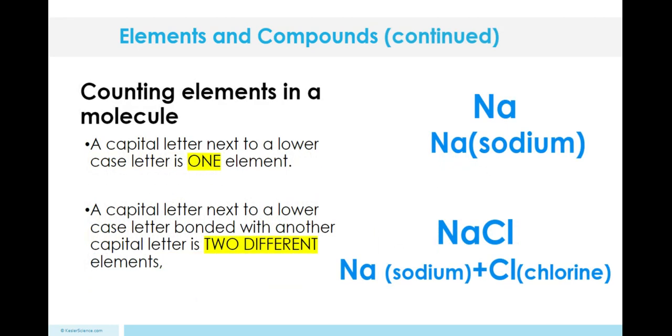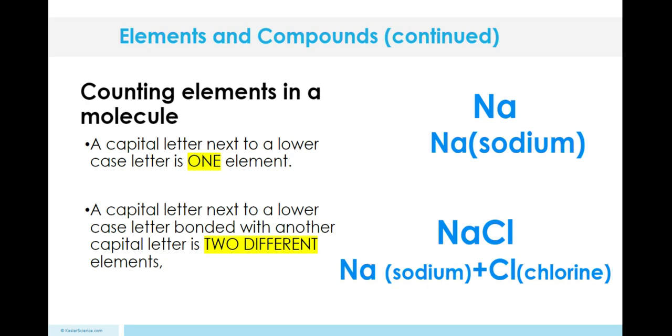When we are looking at capital letters and lowercase letters, a capital letter next to a lowercase letter is one element. They go together. A capital N next to a lowercase a is Na, or sodium. Both letters go together. That is one element.